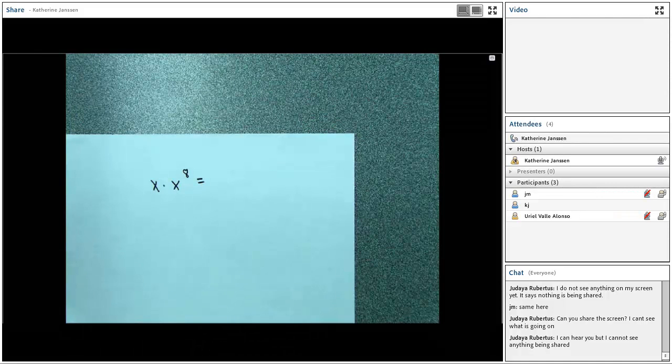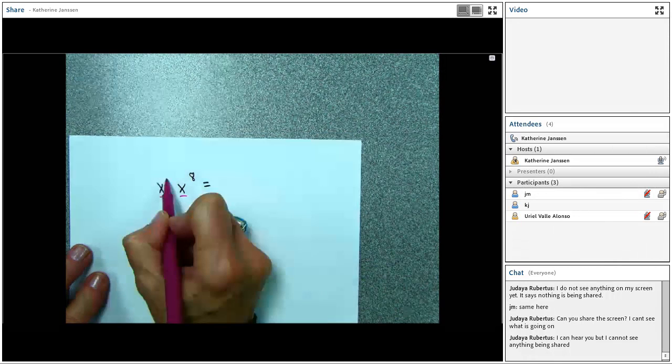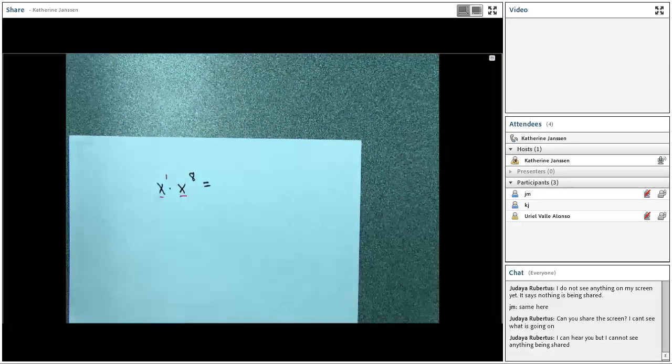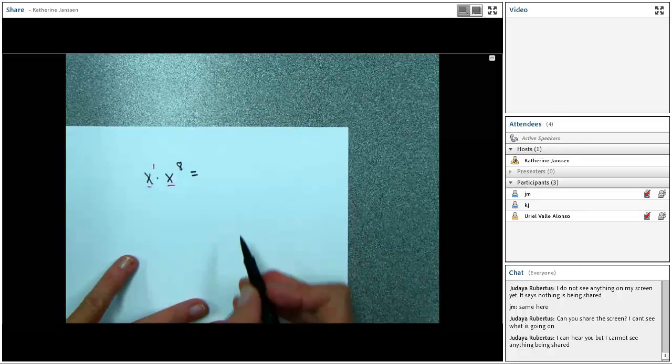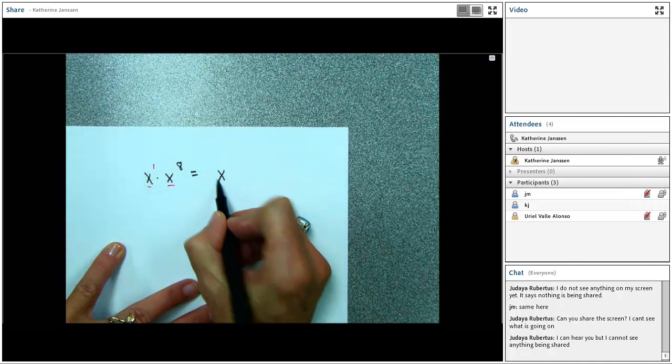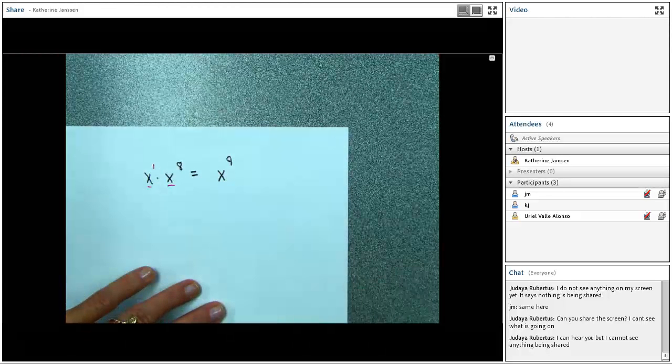Well, I have the same base in multiplication. Product rule, same base. X is actually to the 1st degree. We don't write that exponent, but we know and understand it's to the 1st degree. So adding exponents, I have the same base in multiplication, I get x to the 9th.